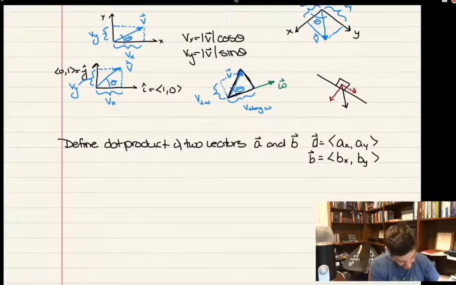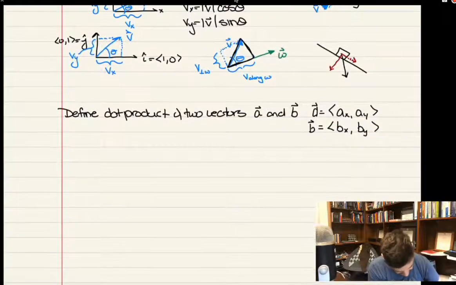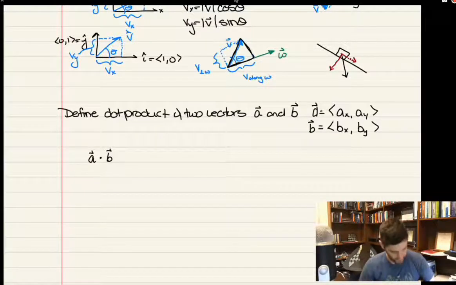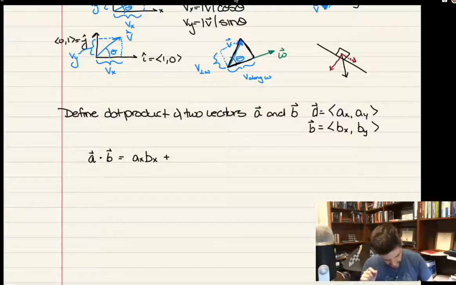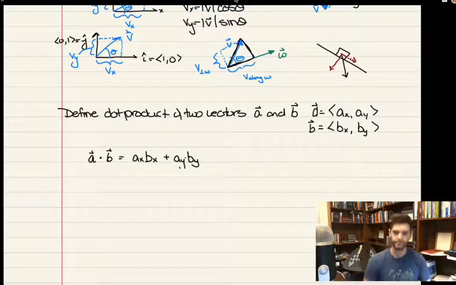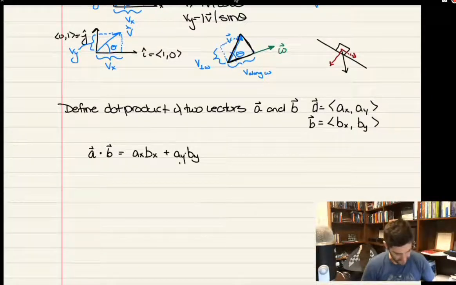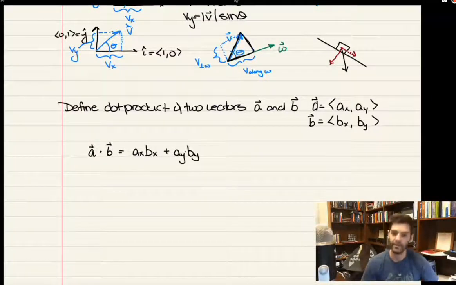The dot product between the two vectors is defined as A dot B. The approach is you take the x components and multiply them together, and then you add to that the product of the y components. So in this case, it's ax bx plus ay by.